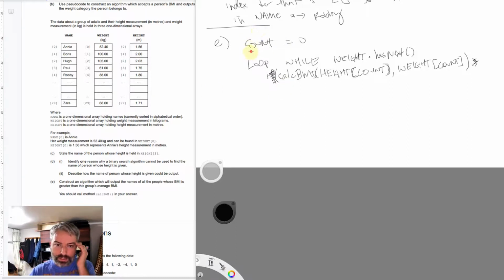So I also need to have a sum, and that sum is going to be 0. I'm running out of room here.